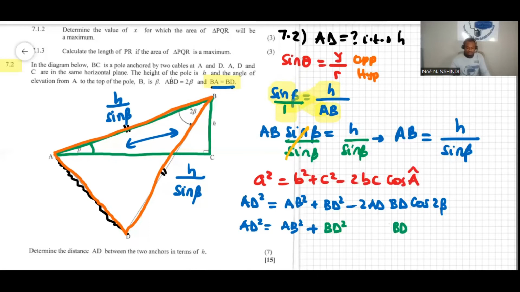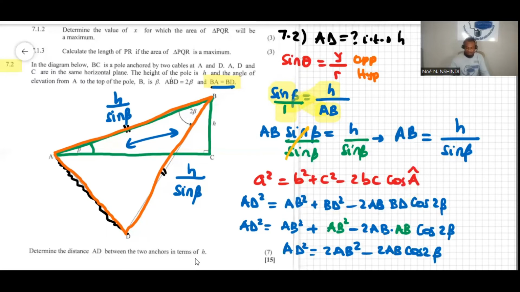So instead of writing BD, we can just write AB. I meant to say AB here, because BD is the same thing as AB. So AD squared will be equal to AB squared plus AB squared, minus 2 AB times AB times cos of 2 beta. Now we can simplify further, so AD squared will be 2 AB squared minus 2 AB squared cos 2 beta.